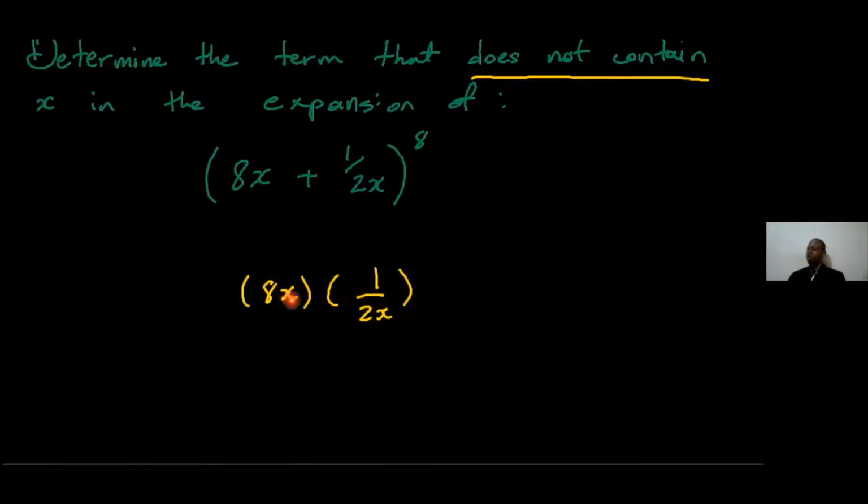Now, if you notice here, both of these x's have the same power. So that means in the expansion, for the x to disappear, like it has here, these two will always have the same power for the x's to cancel. So for the x's to cancel, these two must have the same power.